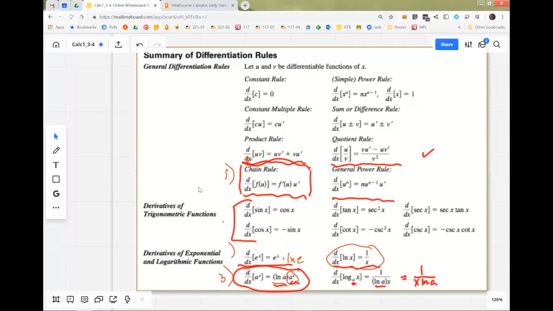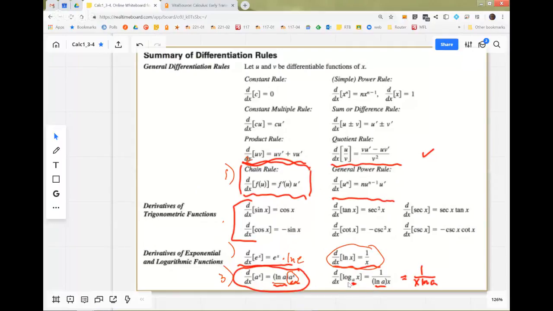And finally, the ones we added today. Well, we added this some days before. The derivative of e to the x is e to the x. Today we learned that the derivative of the natural log of x is 1 over x. And we learned that the derivative of any base to the x is equal to itself multiplied by the natural log of its base.